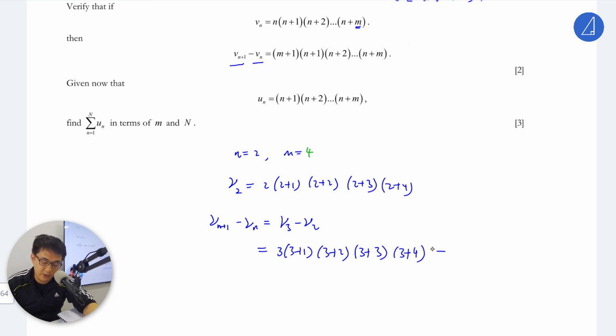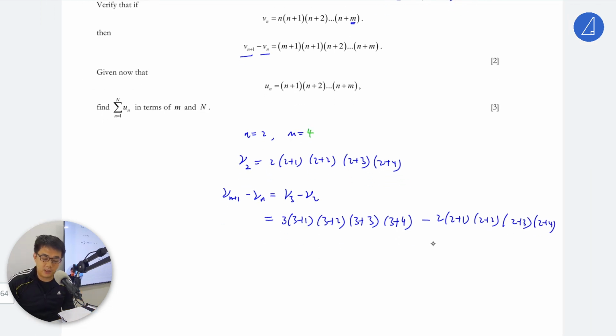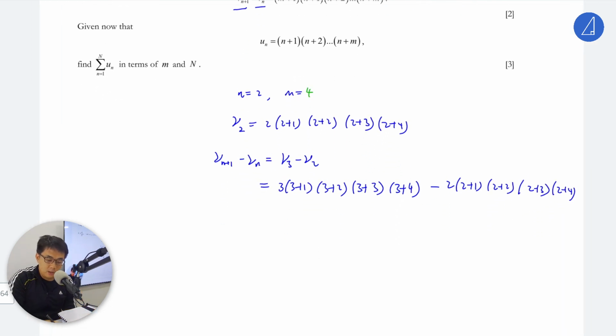Then V2 will be this one: 2 plus 1, 2 plus 2, 2 plus 3. Okay. So do you see that this is your 3, this is your 3, this is your 4, this is your 4, this is your 5, this is your 5, this is your 6, this is 6.